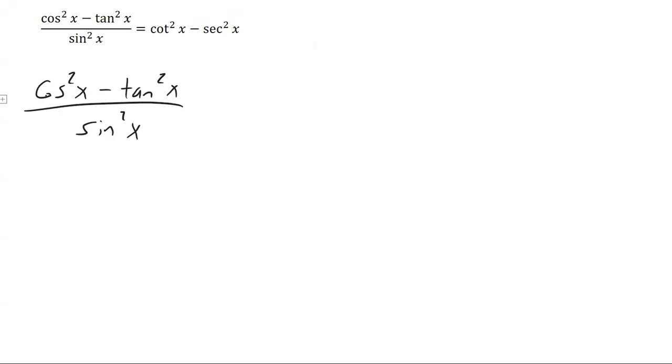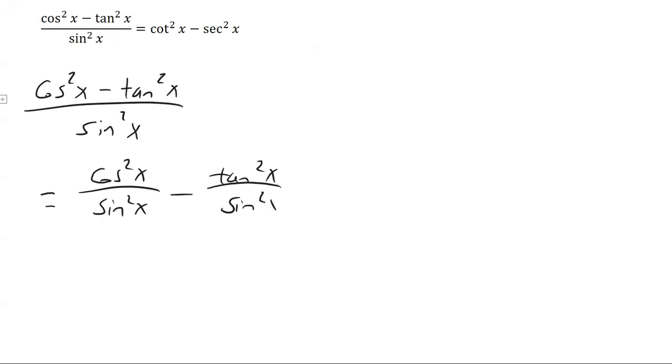All right, so why don't I break up the fraction basically. So cosine squared x over sine squared x minus tangent squared x over sine squared x. Okay, so this first term becomes cotangent squared x, okay? Now, how is the second term going to be a secant squared x? How can we change this?